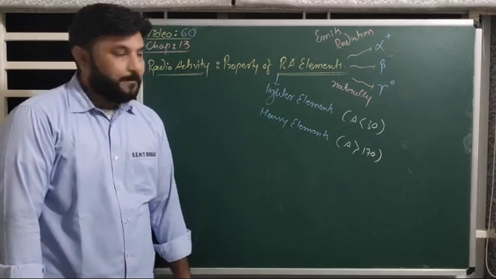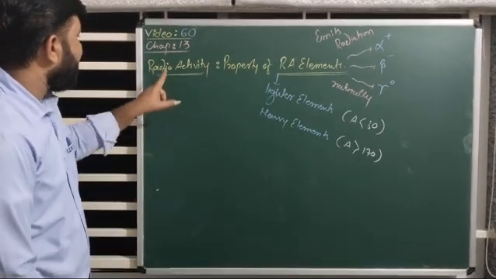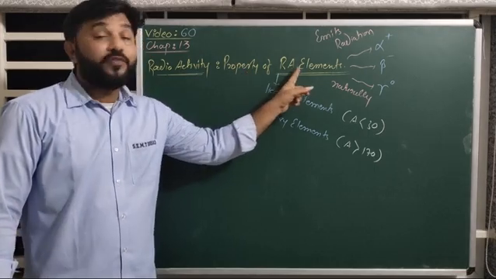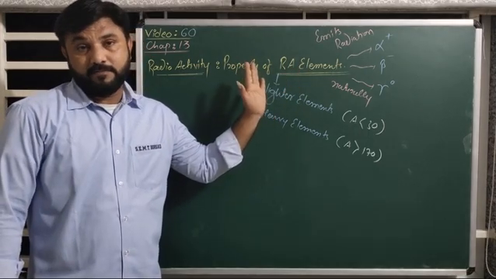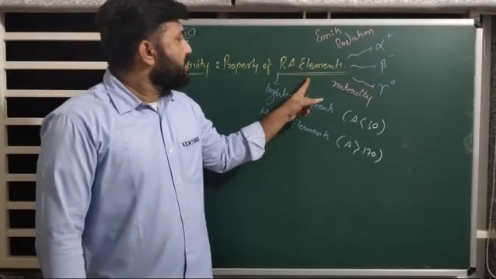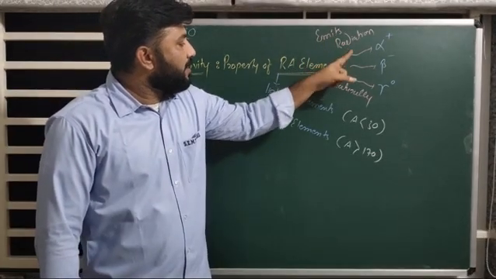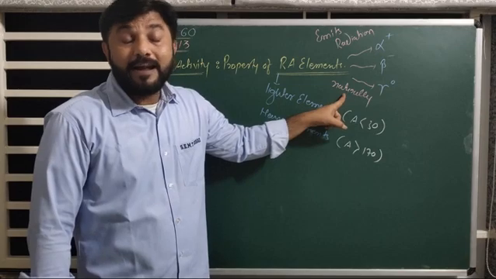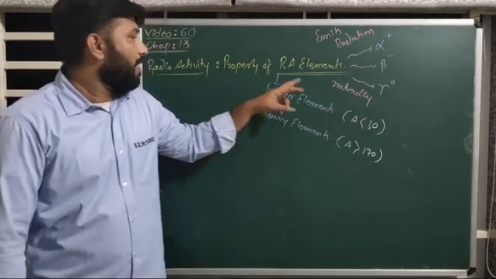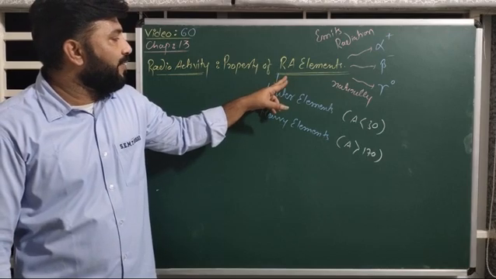Let us see once again. What is radioactivity? Radioactivity is nothing but a property of radioactive elements. What is a radioactive element? The elements which emit radiation continuously and naturally. Such elements are known as radioactive elements.